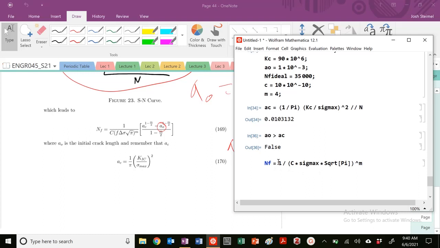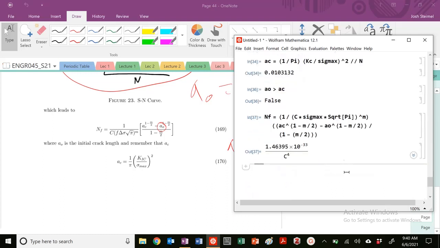Then we multiply everything by A sub C to the 1 minus m divided by 2 power, minus A naught to the 1 minus m divided by 2 power, and we divide all that by 1 minus m divided by 2, and we need little c.